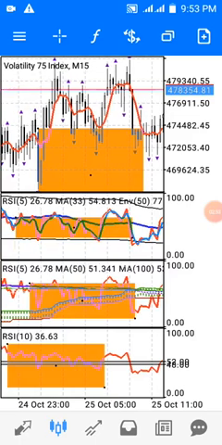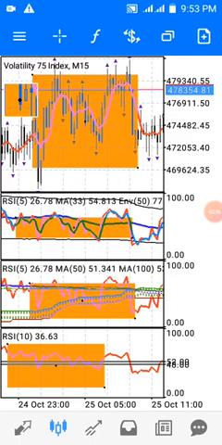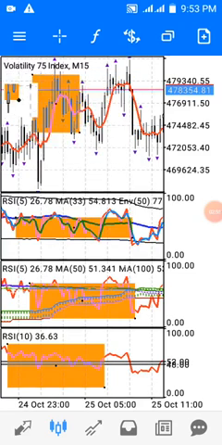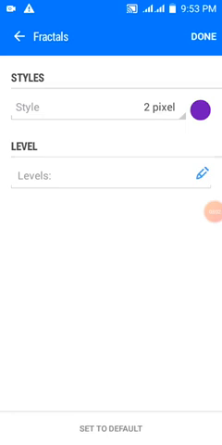This is the main window. Okay, now let's look at the indicator settings. I have fractals. I like to put fractals on my chart to help me with the identification of support and resistance areas on the chart.